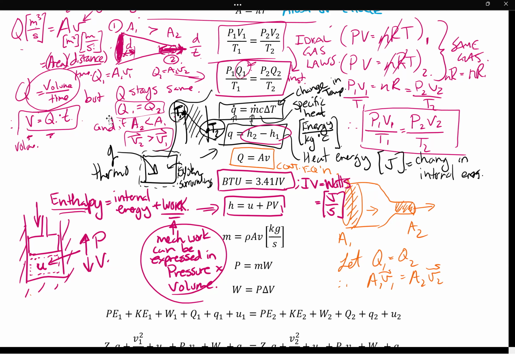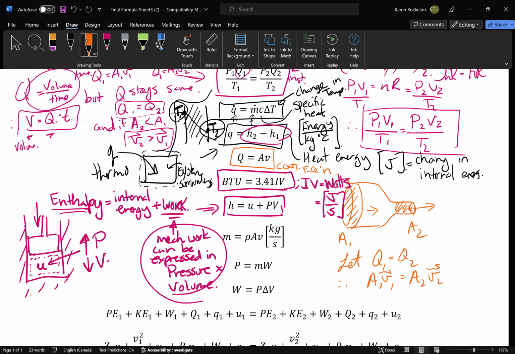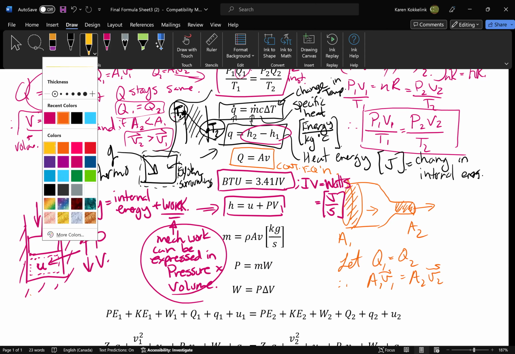So now the internal energy also gets more work added to it because of that pressure times volume. Again, if you want the proof of that, I can by all means draw that out step by step.